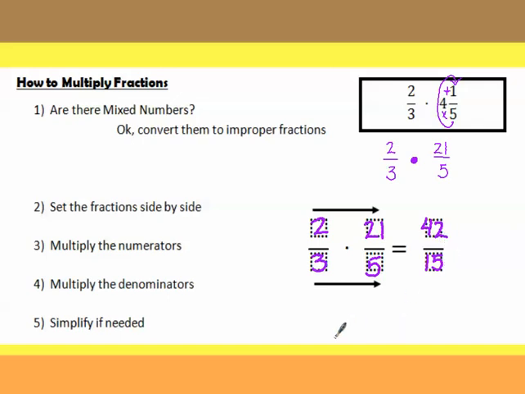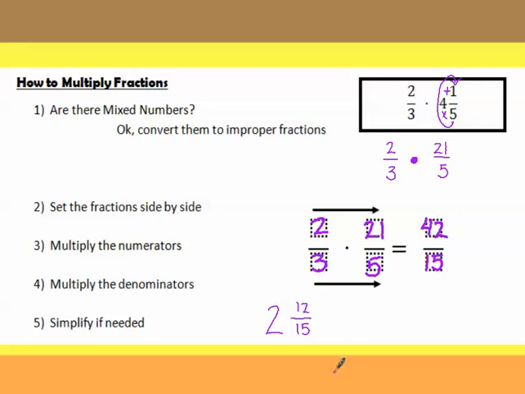If you use your calculator, you find that you have a decimal of 2 point something, so our whole number is going to be 2 with some leftovers because we have some decimal. Our denominator is going to stay 15. If I do 15 times 2, that gives me 30. I need how many more to get to 42? Well, I need 12 more.